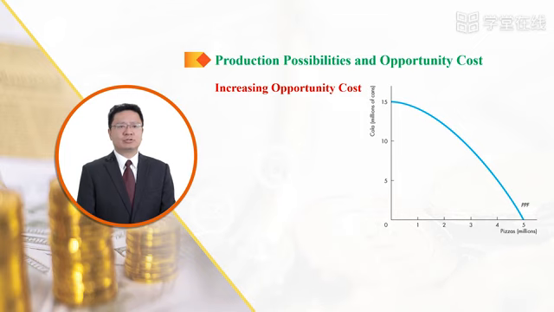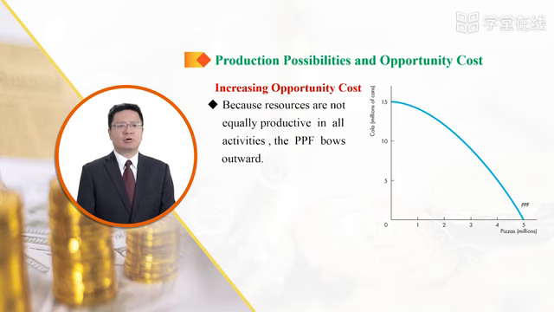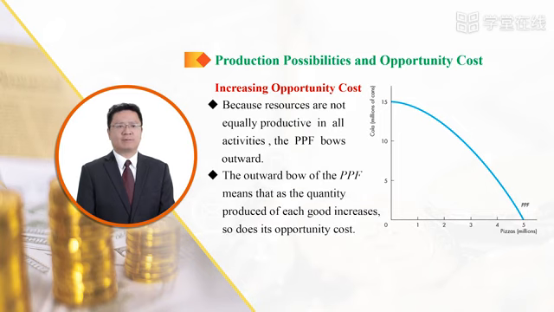Because resources are not equally productive in all activities, the PPF bows outward. The outward bowed shape of the PPF reflects increasing opportunity cost. That is, the opportunity cost of a pizza increases as the quantity of pizzas produced increases.